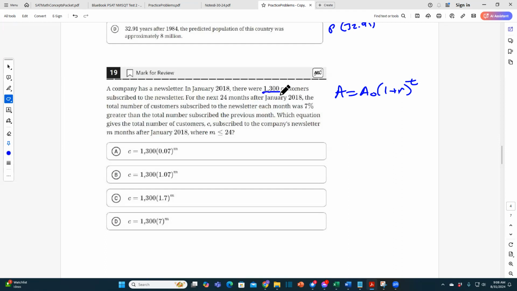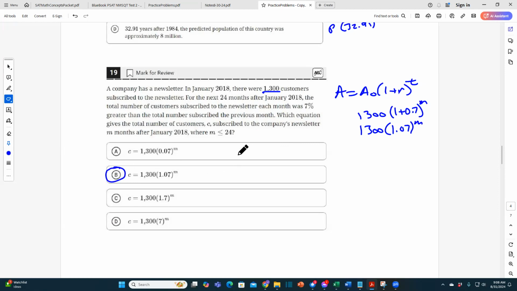Our initial was 1,300, growing by 7%, so 1 plus 0.07, and t, in this case, m, for months. So 1,300 times 1.07 to the m will be the correct one. So that looks like B.